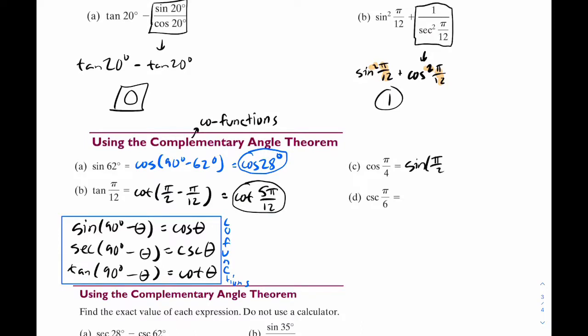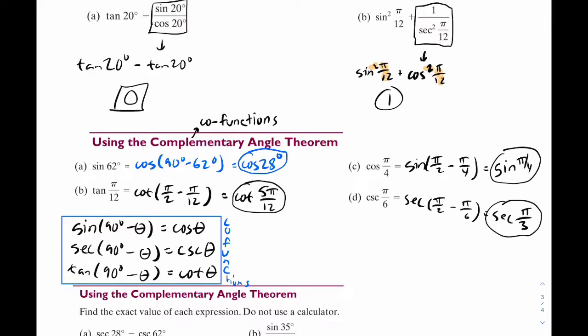Do pi over 2 minus pi over 4. And that is equal to pi over 4. Now for this last one, we just change that to secant. Pi over 2 minus pi over 6. And that becomes secant of pi over 3.